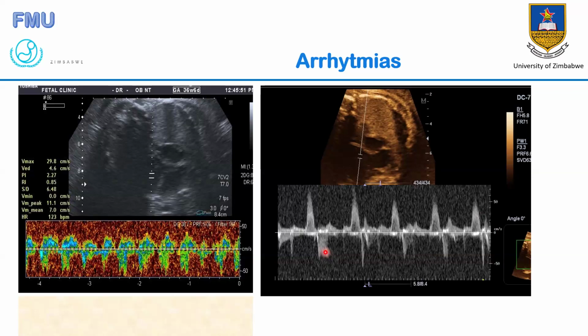So what condition is this called? This is called a heart block, a complete heart block, whereby there is a total disconnection of the atrial contractions and the ventricular contraction. Others may ask, so if there is disconnection, how is the heart contracting? The ventricles have their own node called the AV node, which beats automatically at a lower rate if there is no stimulation from the sinoatrial node.